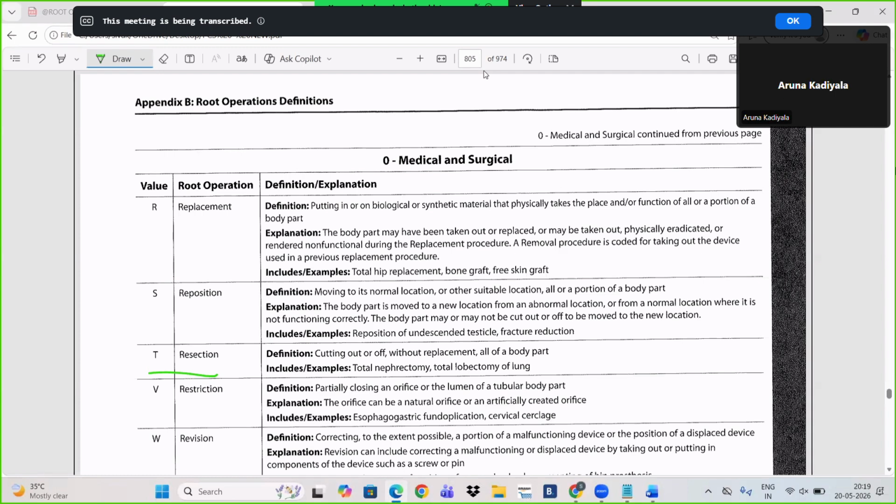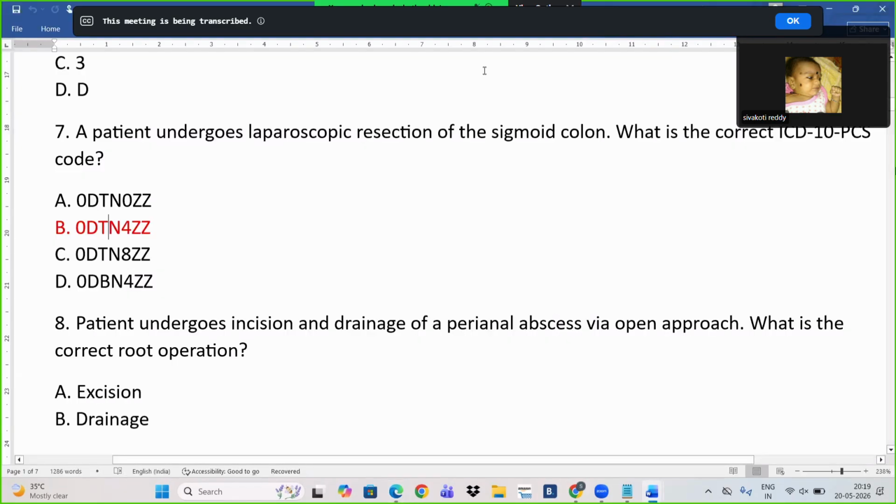Now what is the root operation? Resection, right? So 0DT, you will get 0DTN4ZZ. Option B is the correct answer?